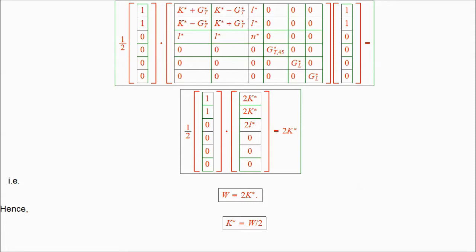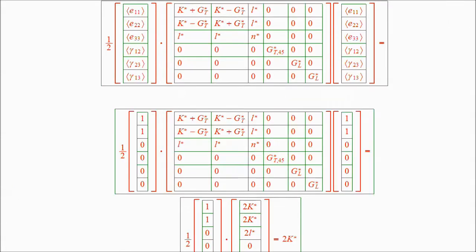In order to calculate this value, we should in fact get a situation where the average strain vector takes the form of 0, 0, 0, 0, 0, and 1. Why is that?